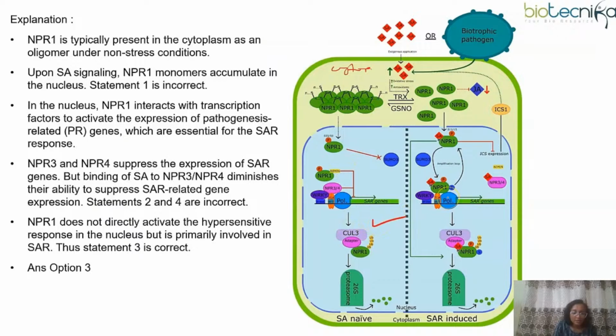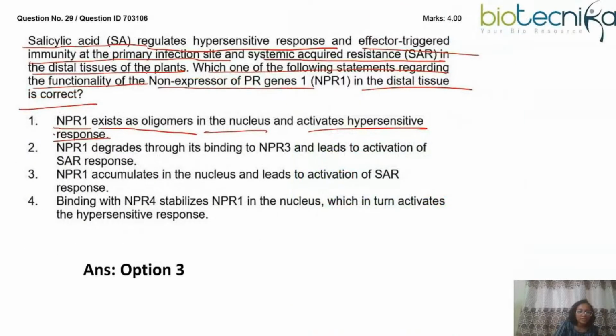Here is the nucleus. NPR1 exists as an oligomer in the cytoplasm, and when it is activated, it is in the monomeric form, not an oligomeric form. Okay, so because of salicylic acid signaling, NPR1 monomers accumulate in the nucleus. So first sentence is not correct. It exists as monomers in the nucleus.